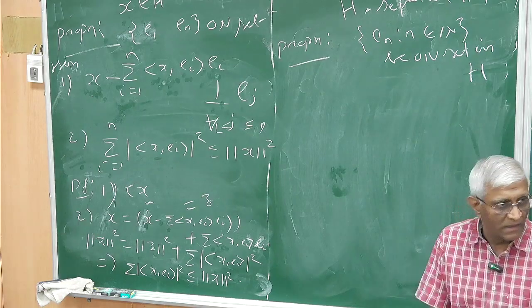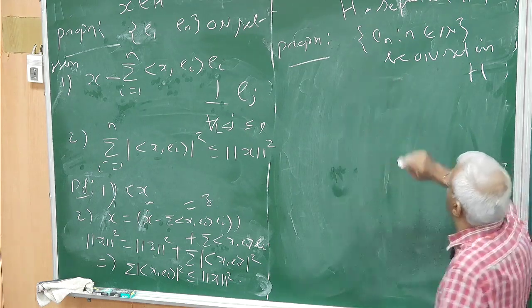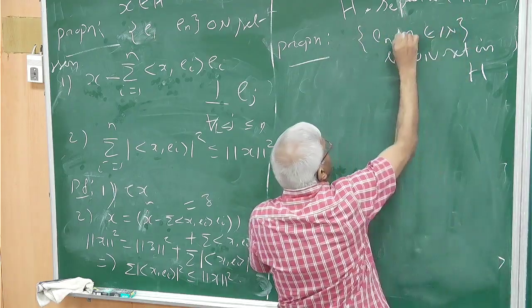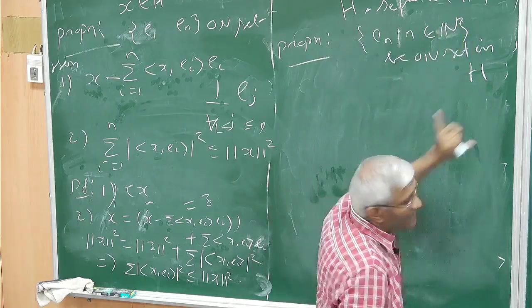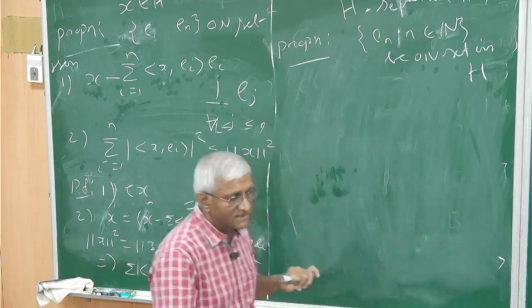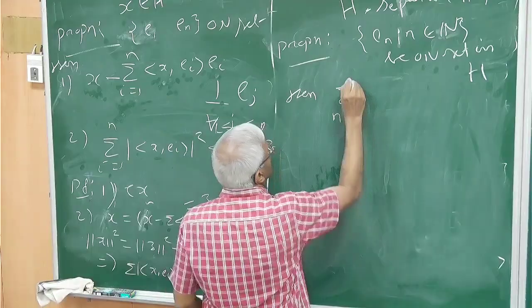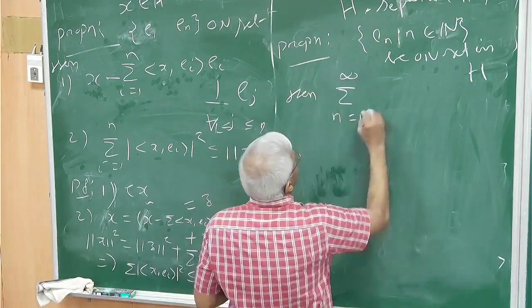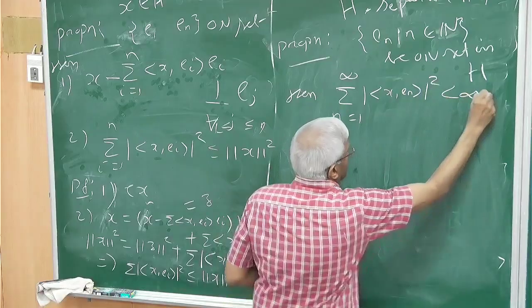Then the summation n equal to 1 to whatever, if it is infinite, otherwise you take finitely many of them, of the norm <x, en> square is less than infinity.